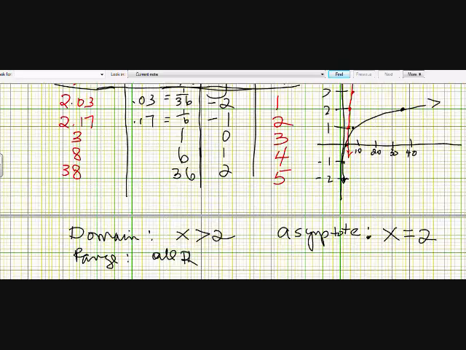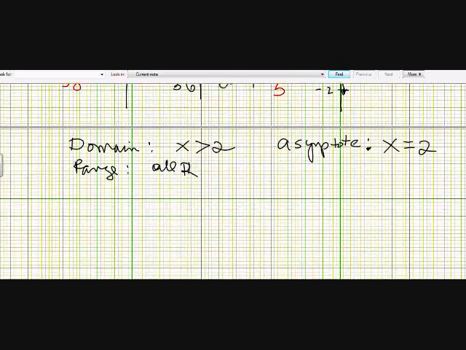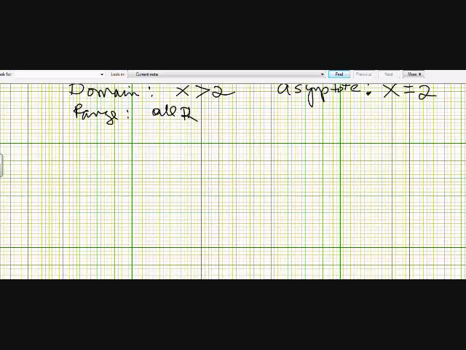Okay. One other little deal, have fun with those, is inverse functions. Let's make this back to black.